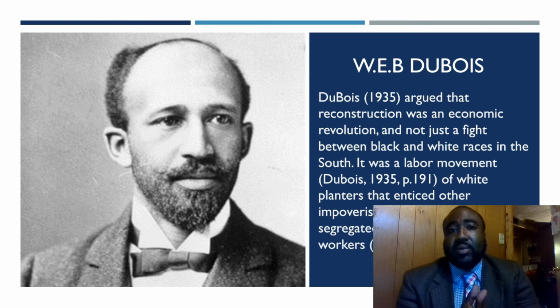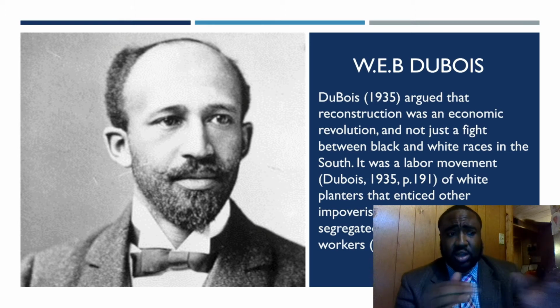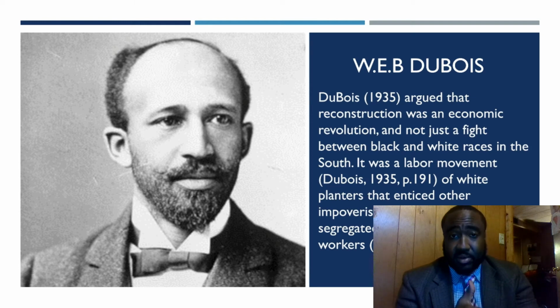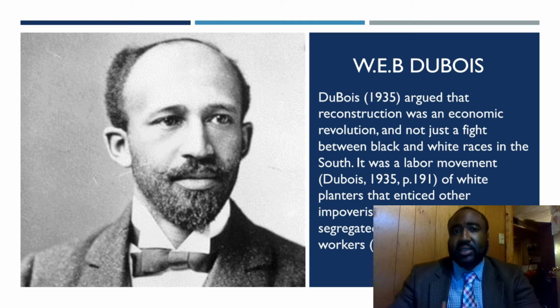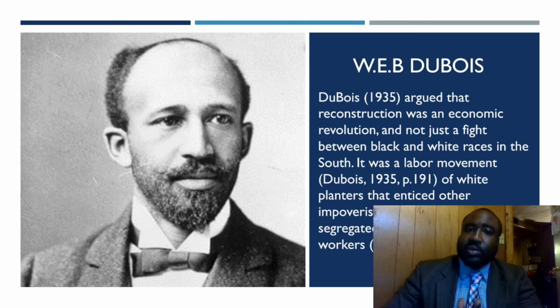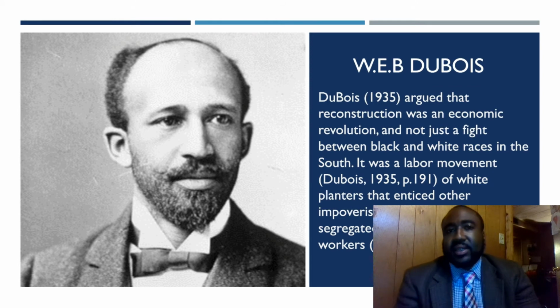What they did was try to get low class or impoverished white workers to side with the rich white planters of these lands to continue the segregative practices during that time.